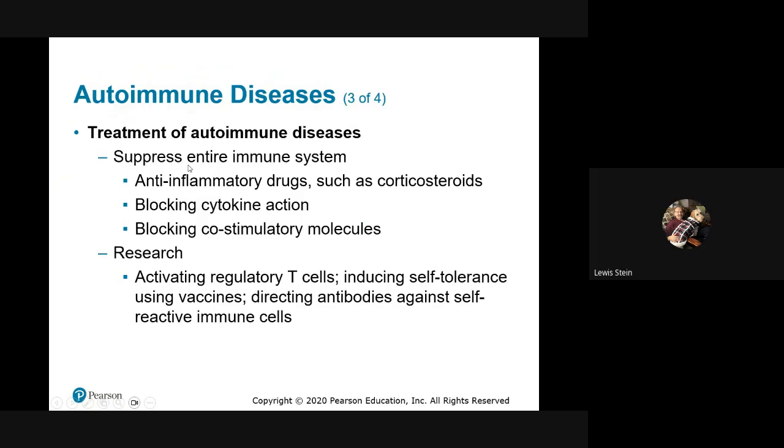So the trouble is we're trying to suppress it. For years, the treatment was corticosteroids. I periodically take a corticosteroid shot. I don't really care. It's not as scientific. It works. And I don't want to take those other biologicals. It stops the cytokines, blocks co-stimulatory molecules.